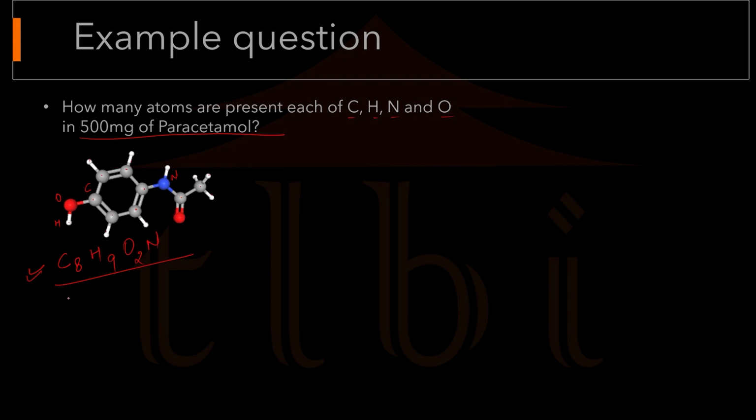You have 8 carbon atoms, that means you multiply by 12. You have 9 hydrogen atoms, 2 oxygen atoms and 1 nitrogen atom, right? And you calculate all that. Okay. 96, 9, 32 and 14.